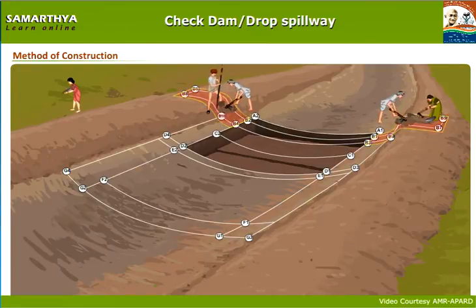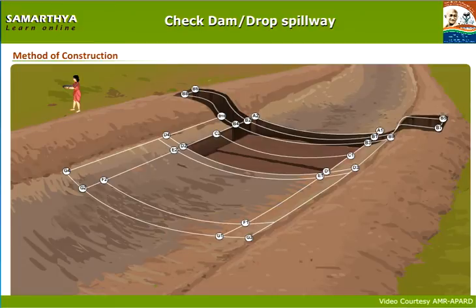Dig on both sides of the stream from top up to foundation levels of the body wall at 0.90 meters and deposit the excavated soil away.